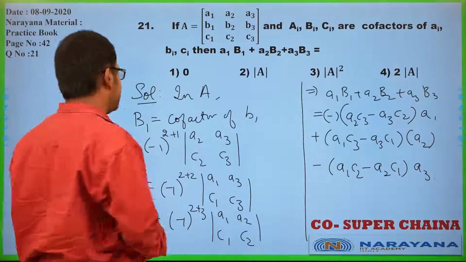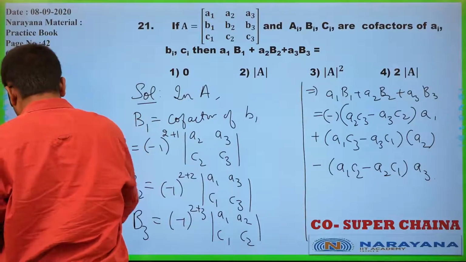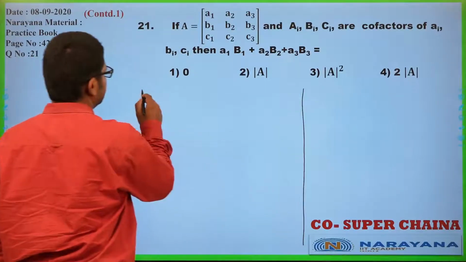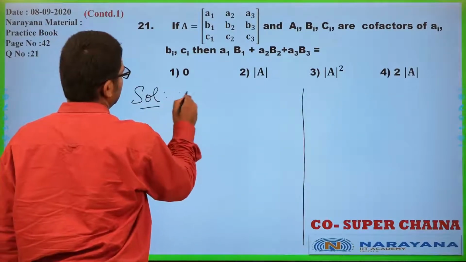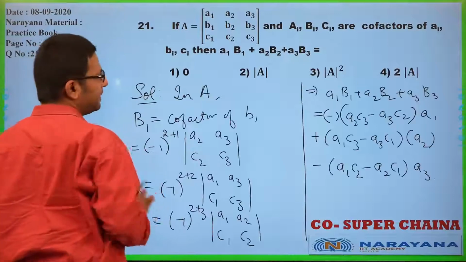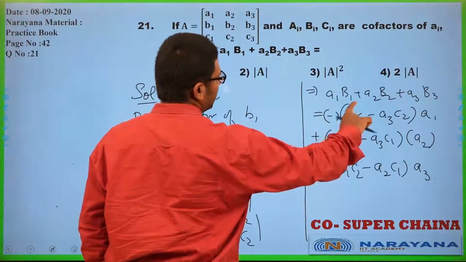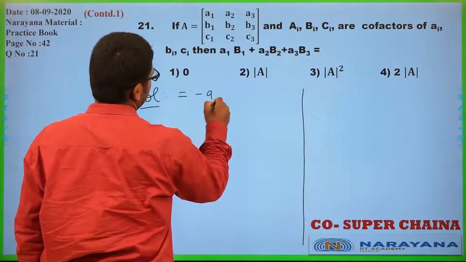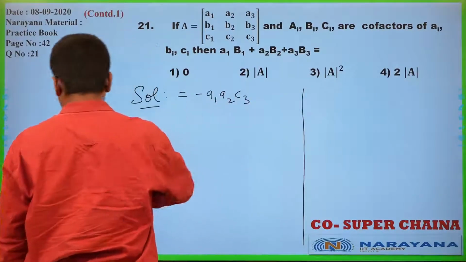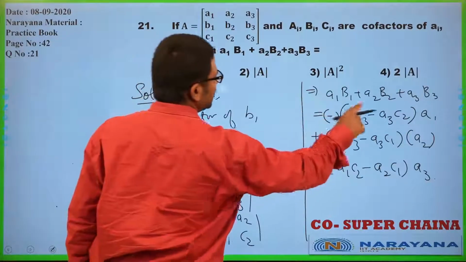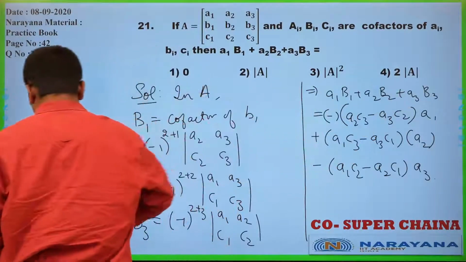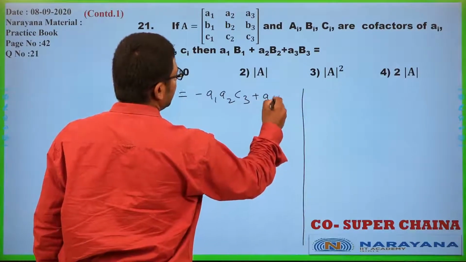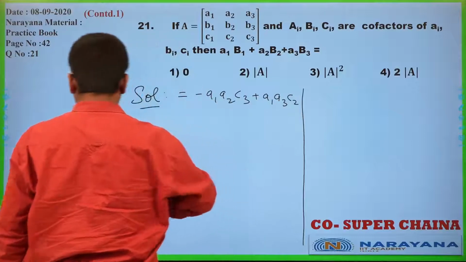Let us see what happens. Something interesting happens. So that is equal to, let us go back, minus A1 A2 C3, then minus into minus plus A1 A3 C2, right? So plus A1 A3 C2, okay?